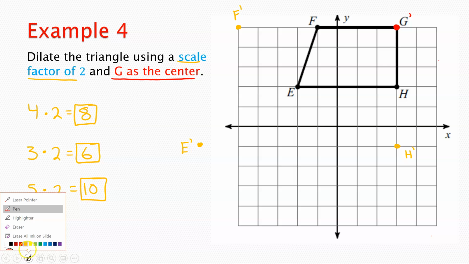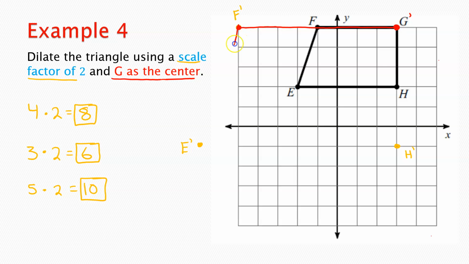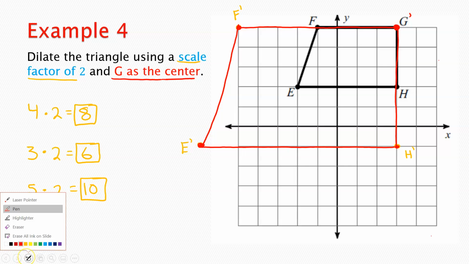Let me go ahead and connect all of that. So there we have it. That's how you perform a dilation when the origin is not the center. Notice this used to be 1, 2, 3 units.